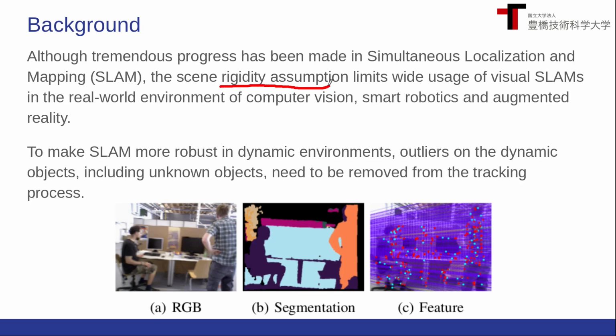In computer vision, smart robotics, and augmented reality, to make SLAM more robust in dynamic environments, all the dynamic objects, including unknown objects, need to be removed from the tracking.